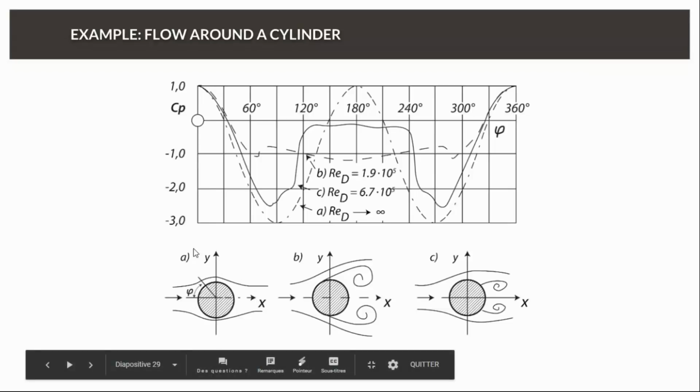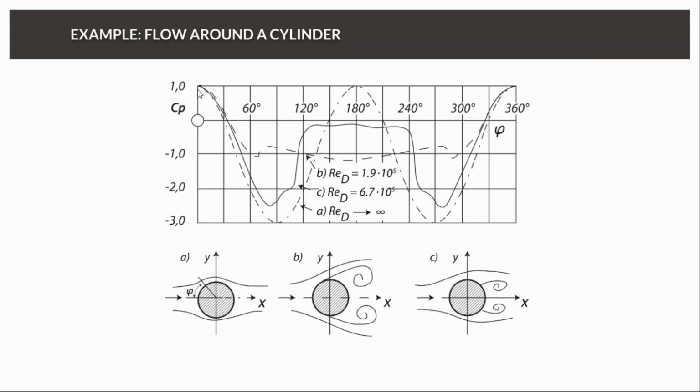So if you look at the pressure distribution on a cylinder, if you describe it by the angle phi going around the cylinder, 0 is the leading edge, 90 degrees is the top, 180 degrees is the trailing edge, 270 is the bottom, and you can reclose the cylinder. Then you get stagnation pressure, so the highest pressure at the leading edge, so Cp, the pressure coefficient, will be 1, highest at the stagnation point at phi equals 0.